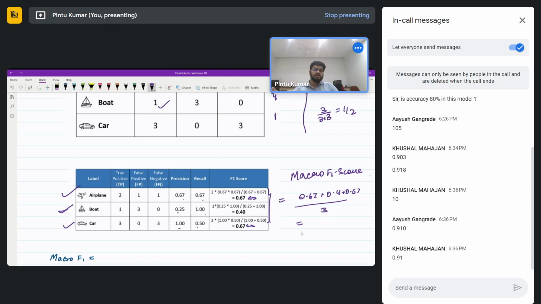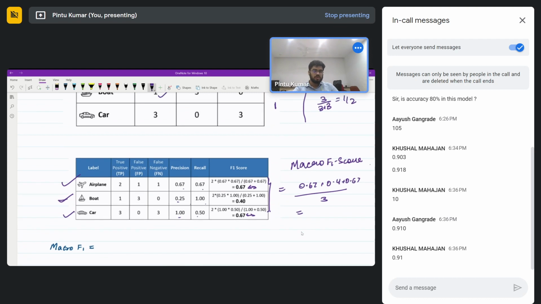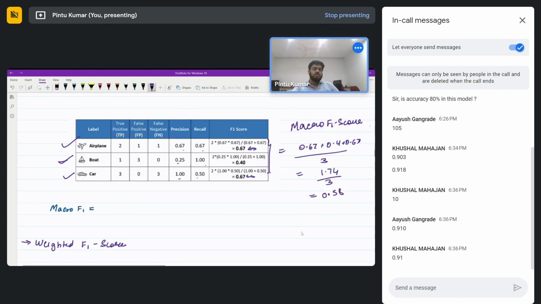This is what you will obtain as your macro F1 score. So this is 5, 8, I guess, right? I think I'm correct. Yeah. So this is what you obtain as your macro F1 score.